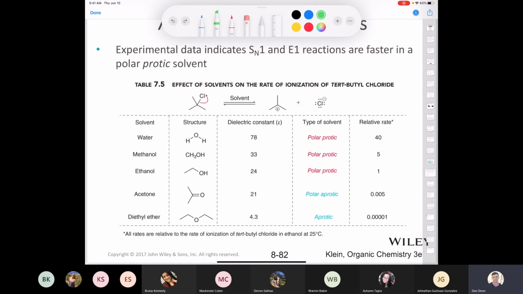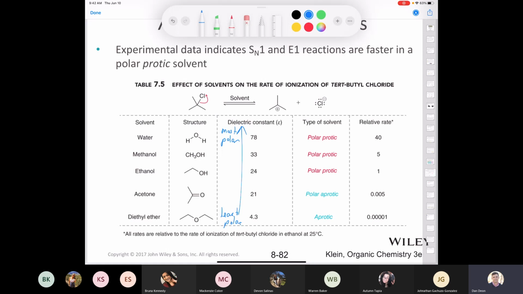So a tertiary substrate, for example, like let's say we have tert-butyl chloride, it's going to react a lot faster in something with a high dielectric constant. Remember, I never would ask you to evaluate a dielectric constant, but you know the higher the dielectric constant, the more polar the compound is. So the more polar the solvent is. So most polar solvent, least polar solvent.